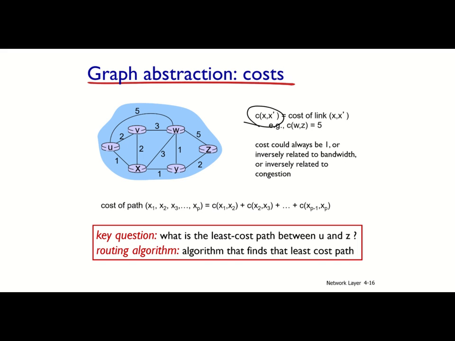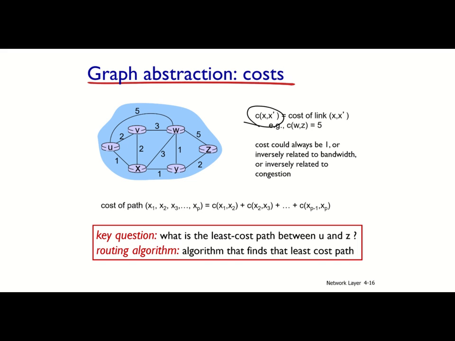This problem is a classic graph problem that we sometimes call single source shortest path, which means minimizing the cost or the length of the path from one single source to all other nodes in a graph. So this problem needs an algorithm, which we call a routing algorithm.